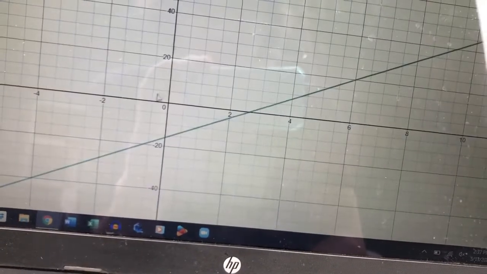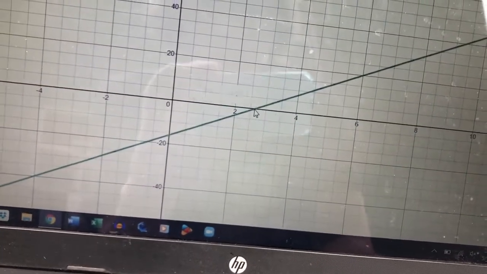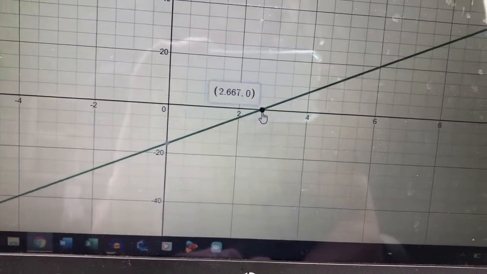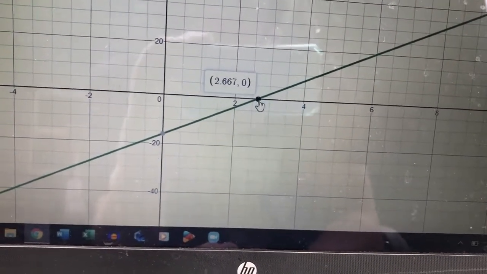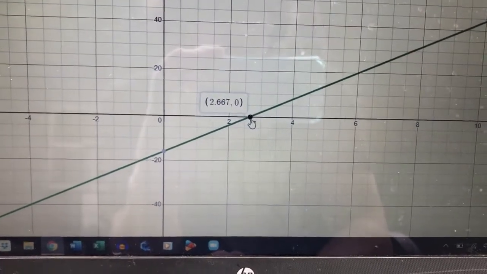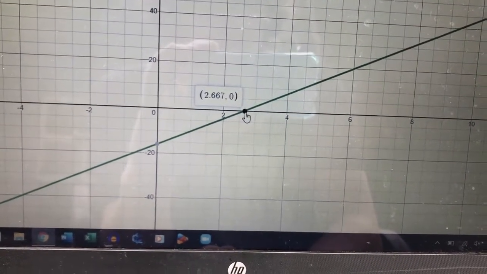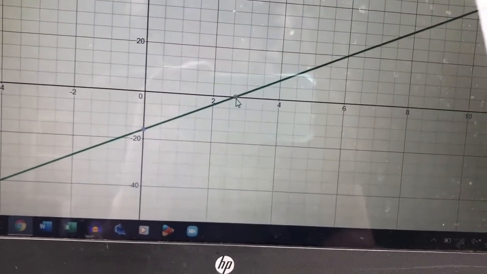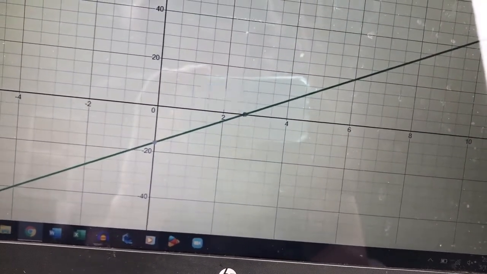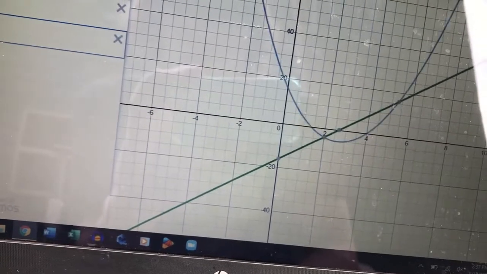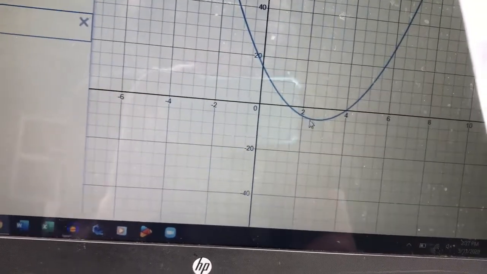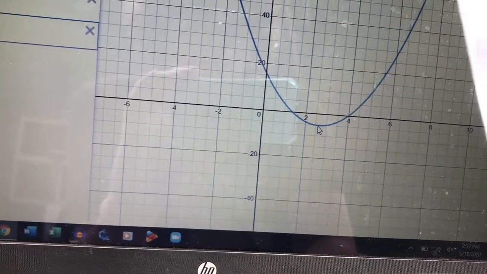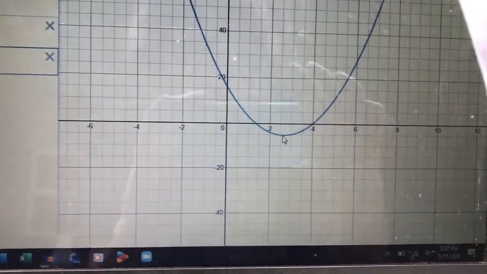So this zero point, this is the acceleration function, the linear equation. And the zero point on this graph corresponds to the slope of the vertex on the velocity function.